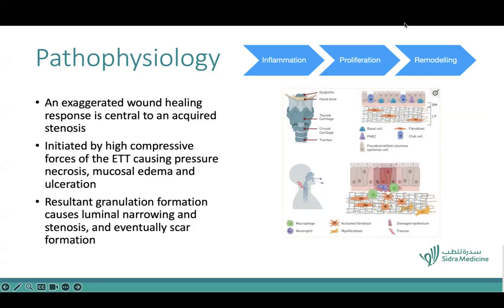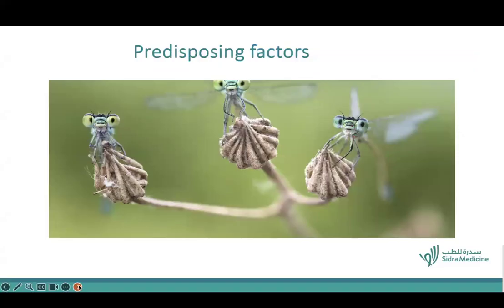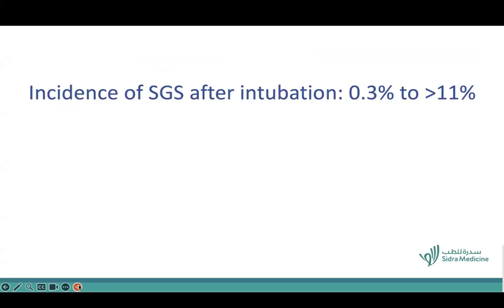So like a large endotracheal tube that's sitting there, or a hyperinflated endotracheal tube cuff, causing pressure necrosis, mucosal edema, and ulceration. And eventually that causes granulation and narrowing, and then stenosis, right? So you want to pick up these stenoses at an area in which it hasn't started remodeling, and we'll discuss a bit about that. And when you think about predisposing factors, most of these, as I mentioned, are because of an acquired cause, because of intubation.